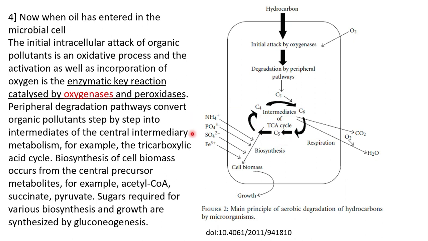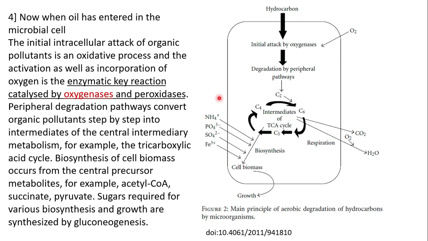In this diagram you can observe that oil alone is not a sufficient source for bacteria to grow; it also needs some ions such as NH4, PO4, SO4 or Fe3. These are the limiting nutrients. At the site of an oil spill, the hydrocarbon is in excess, but these nutrients are not in excess.